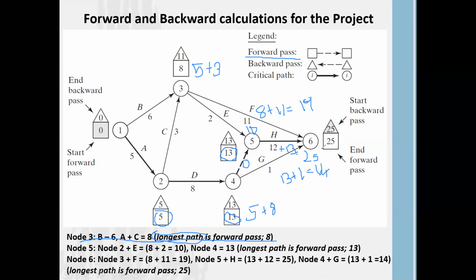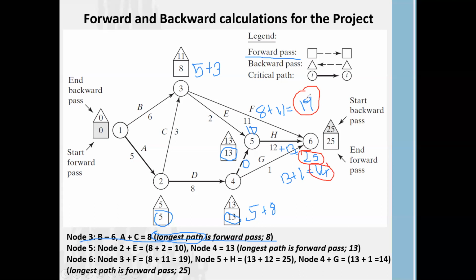For the completion of node 6, you have to complete 3 and activity F, 5 and activity H, and 4 and activity G. The path through 3 and F consumes 19 weeks, the path through 5 and H consumes 25 weeks, and the path through 4 and G consumes 14 weeks.